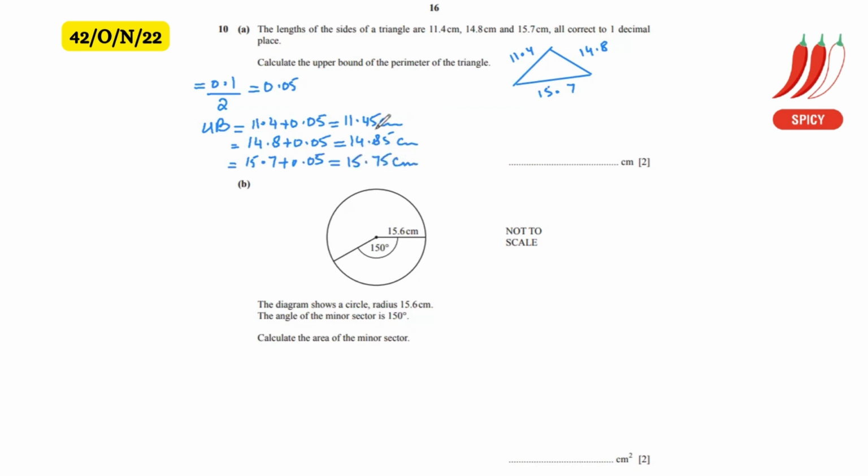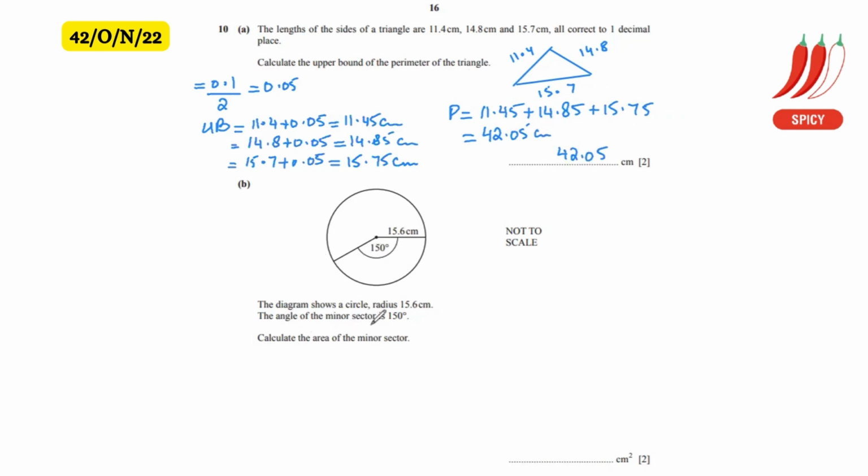We have the upper bounds of all three lengths. The perimeter would be the sum of these lengths, because perimeter is the entire boundary of the shape. So we add up all the lengths, and that gives us 42.05 centimeters. That is the perimeter of the triangle.